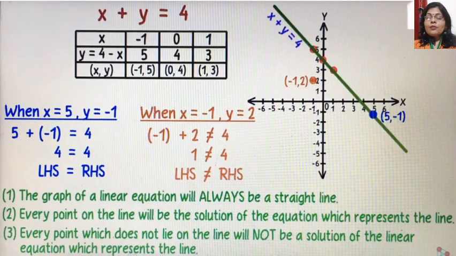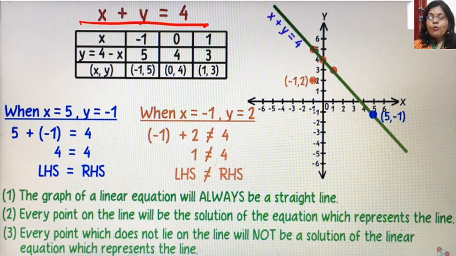Now let us once again study what we studied in class 9, that let us have one linear equation with two variables, x plus y equal to 5. And then we found the values. How did we find the values? By putting y on the left hand side, y is equal to 4 minus x.